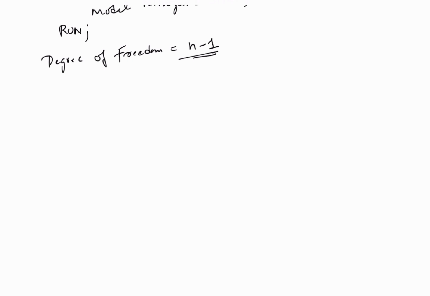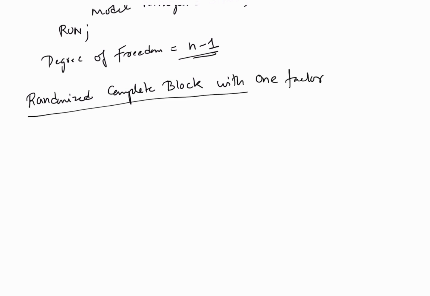The other thing we can talk about is something called a randomized complete block with one factor, which is nothing but a PROC ANOVA.